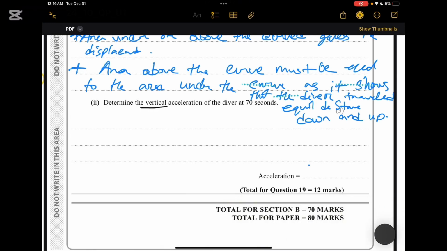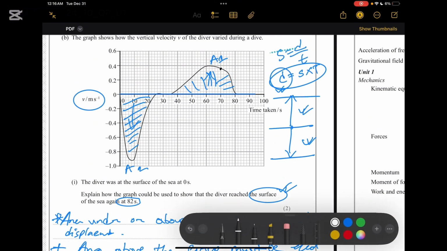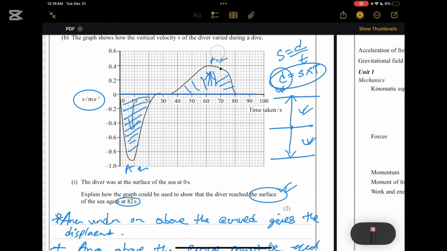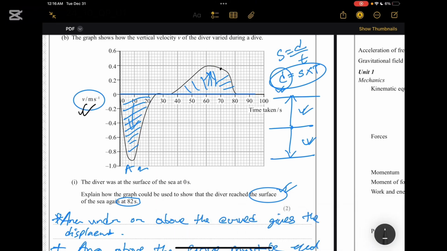Alright, so moving to the end of the question paper, this is the last question. Determine the vertical acceleration of the diver at 70 seconds. We have to figure out the vertical acceleration at that moment. So we have the VT graph, so we can draw a gradient. We know acceleration is equal to v by t, so if you find the gradient, we will get the acceleration.